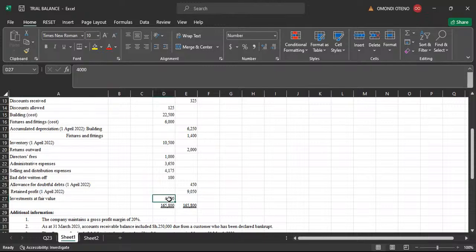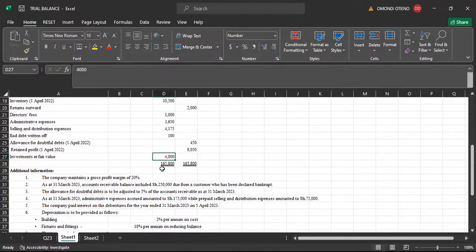The financial assets are not being depreciated, but you just look at the fair value at the end of the year. Is there an increase or a decrease in the fair value adjustments of these particular assets? So if there is an increase, of course, that's going to be a gain. We take it to the section of other comprehensive income.